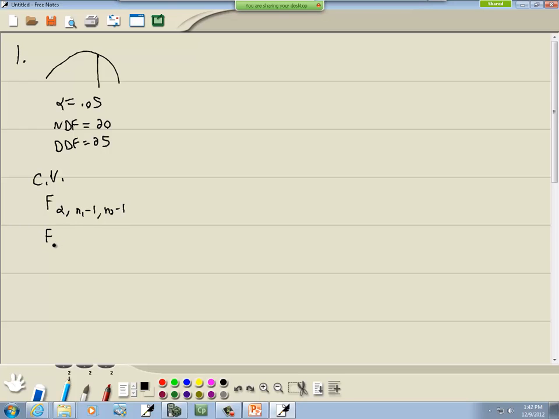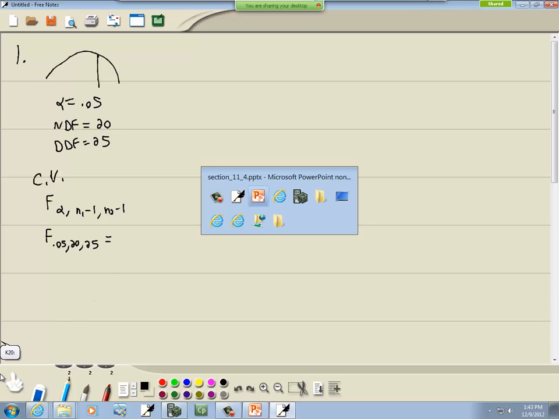Well, alpha in this problem was 0.05. n1 minus 1 is our numerator degrees of freedom, and we've already subtracted 1 from that. When you have a degree of freedom, it's always already subtracted. So this is 20, and this is 25. Again, this is the numerator degrees of freedom, and this is the denominator degrees of freedom. And let's see what our critical value would be.